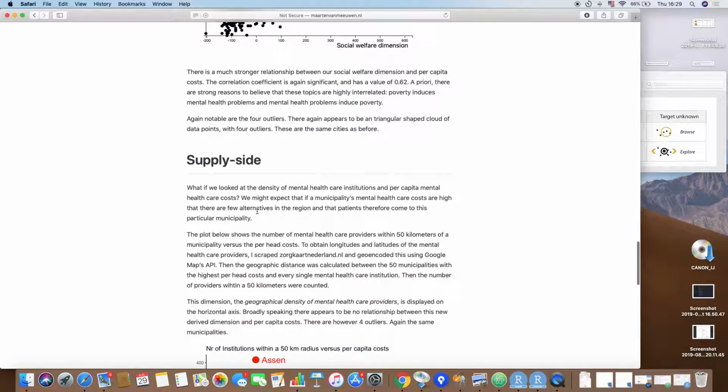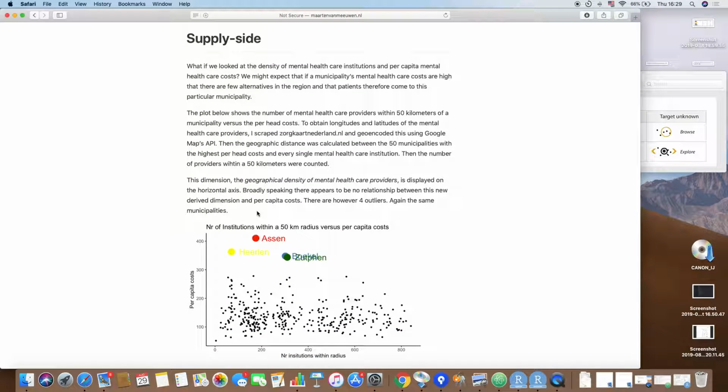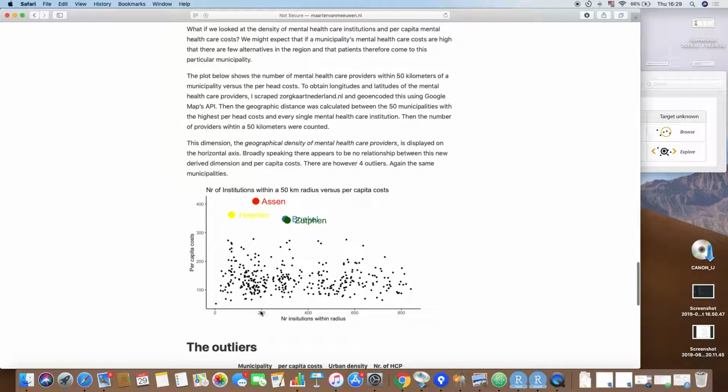Then I constructed a new dimension, which I call the geographical density of mental health care providers. That is the number of mental health care institutions within a 50-kilometer radius of every municipality in the Netherlands. If you plot the number of institutions on the horizontal axis and per capita cost on the y-axis, you see a pretty uniform distribution. There's no relationship between these two variables, except for these four observations.